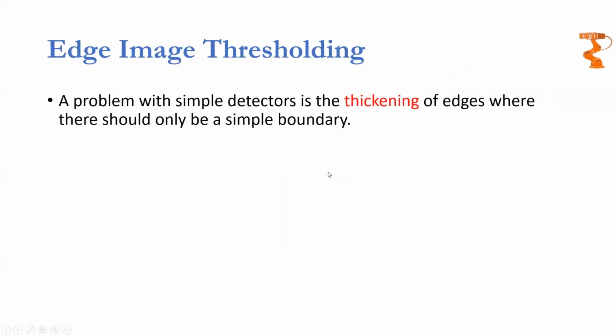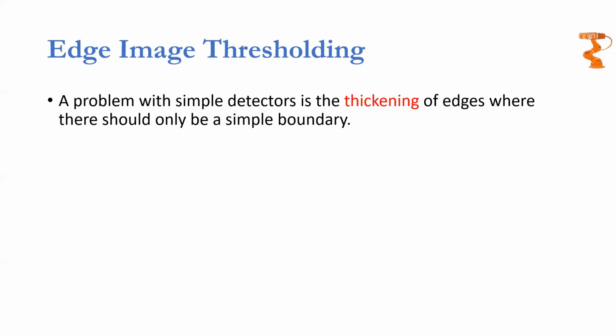One problem is that edge detectors normally produce thick edges, because as the gray level is smoothly changing, the edge detector will keep on producing high non-zero values.